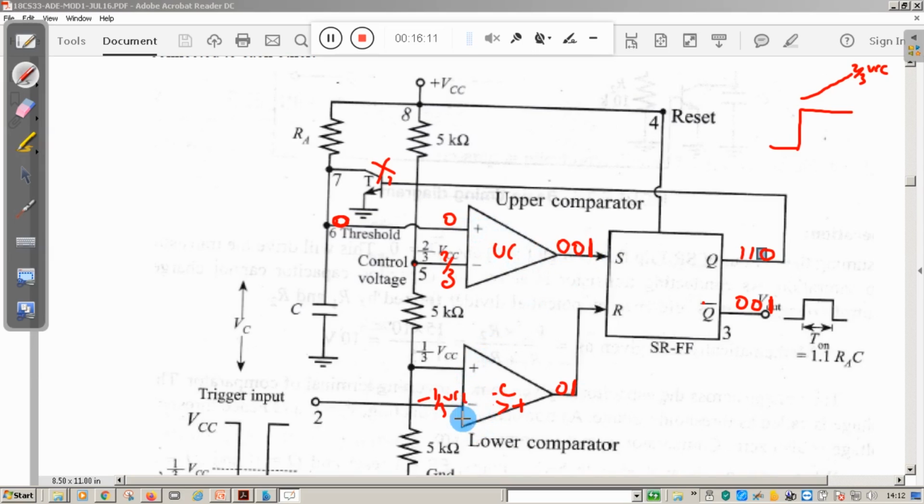And here anyway the trigger pulse is 5 volt. When the trigger pulse returns to its original value, that is 5 volt, this value is 0. That means 1 and 0.